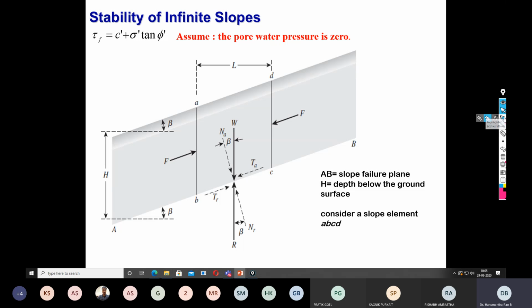Now take a small element, A, B, C, D, whose horizontal length is L. If the horizontal length of AD is L, what would be the inclined length of AD?